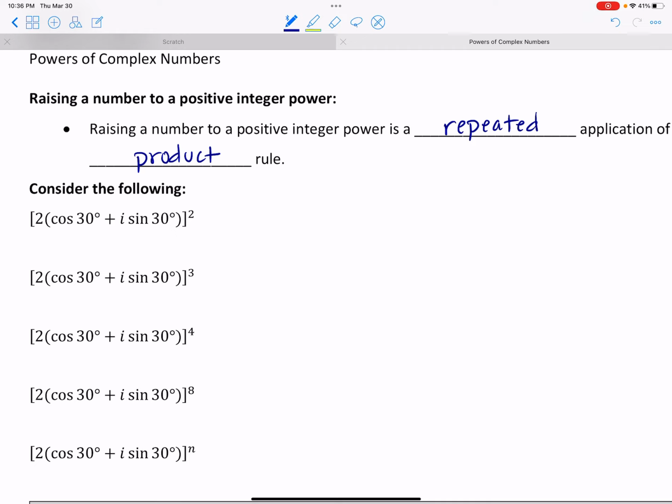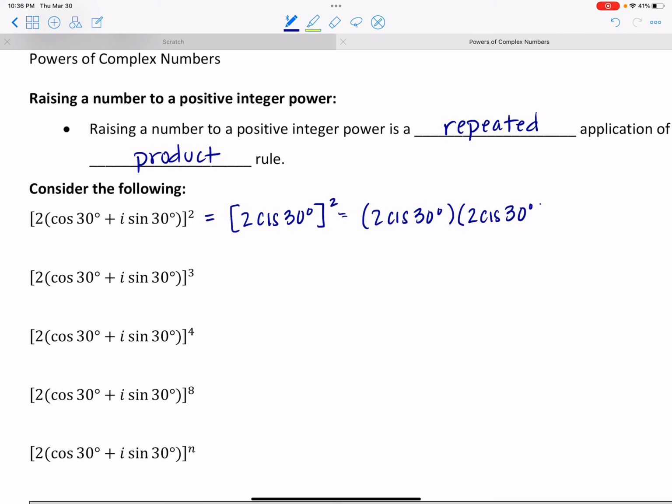So first one, we have 2 cosine of 30 degrees plus i sine of 30 degrees, and we want to square it. Well, I'm going to abbreviate this. I like the compact form a little better. So what we're looking at is 2 cis 30, and we want to square that. So we're going to take that 2 cis 30, and we're going to multiply it by itself. So 2 cis 30.